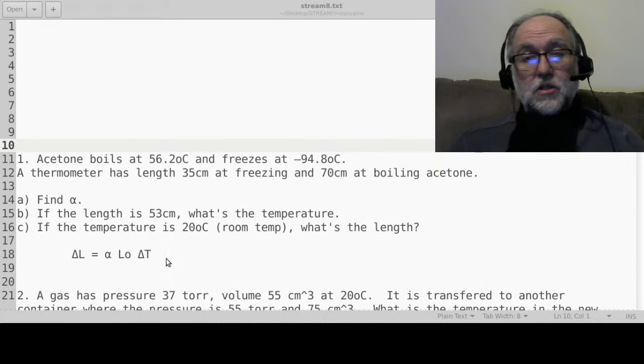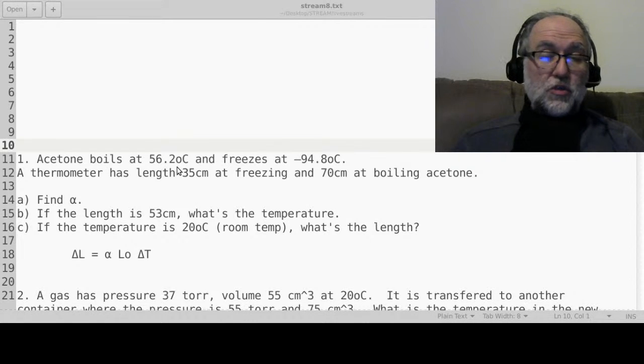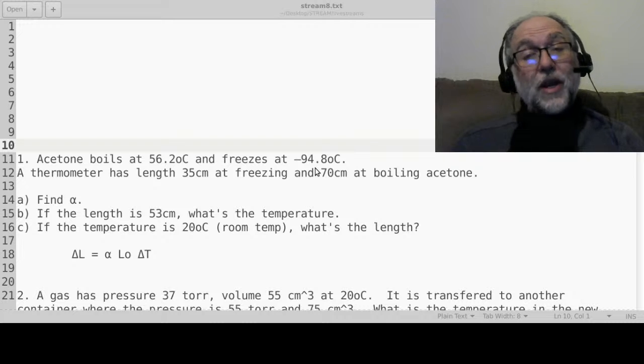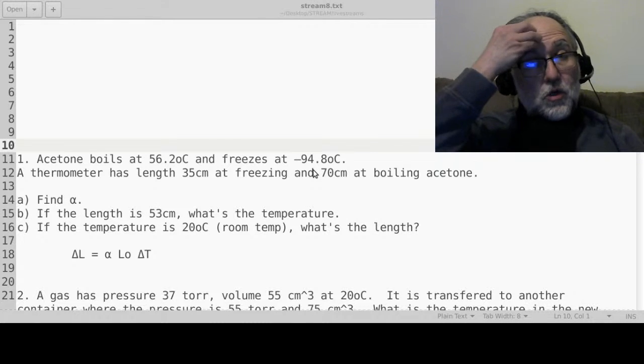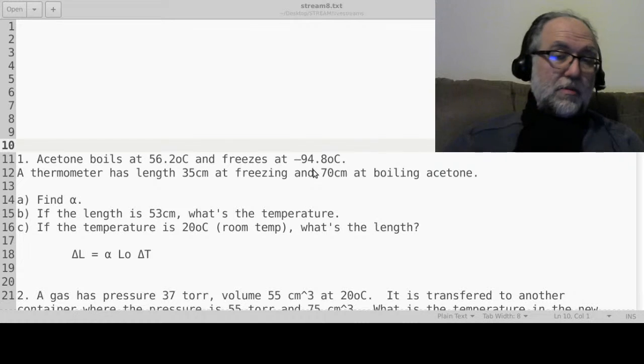Okay, so here I chose some material, acetone, and we're going to make a thermometer based on acetone, and it's accepted that acetone will boil at 56.2 degrees Celsius. Okay, and it freezes at negative 94.8 degrees Celsius. And so we're going to use those two as our reference temperatures, because you need to calibrate a thermometer, you need two temperatures.